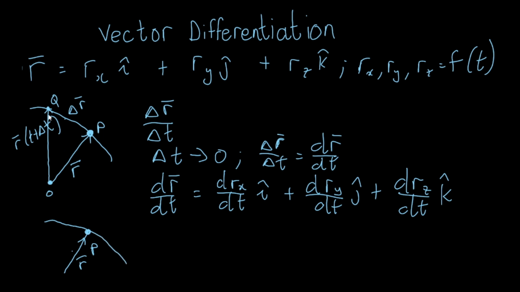However, we can see that this change in position is this vector pq. So as delta t becomes smaller, it starts to become the tangent to this curve. So that's an important point. dr dt is simply the tangent of this locus at P.